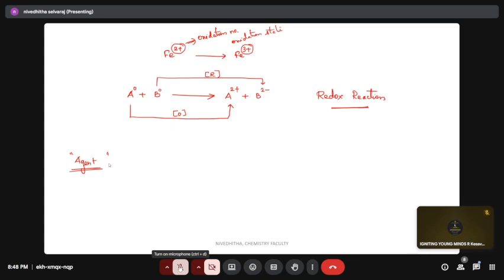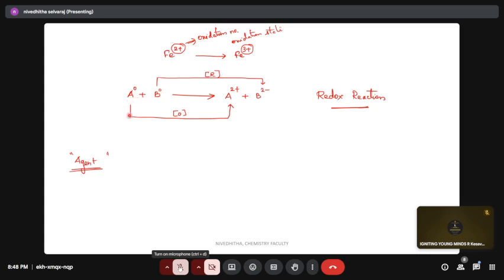An oxidizing agent is the chemical species which is responsible for the oxidation to occur. According to this example, A lost its electron, so A was oxidized. But who is responsible for this oxidation? B. Because the electron lost by A was gained by B. Without B, A cannot get oxidized.